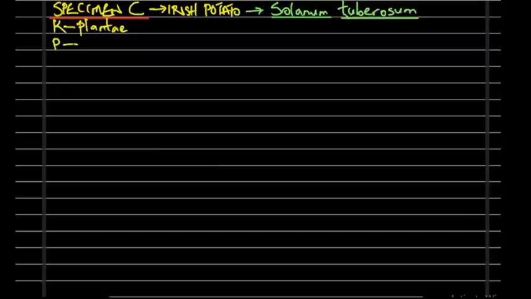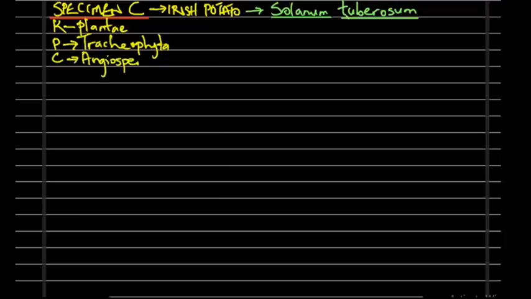So we have the phylum to be the Tracheophyta as well. We have the class to be the Angiosperma, and we have the order to be the Solanales.